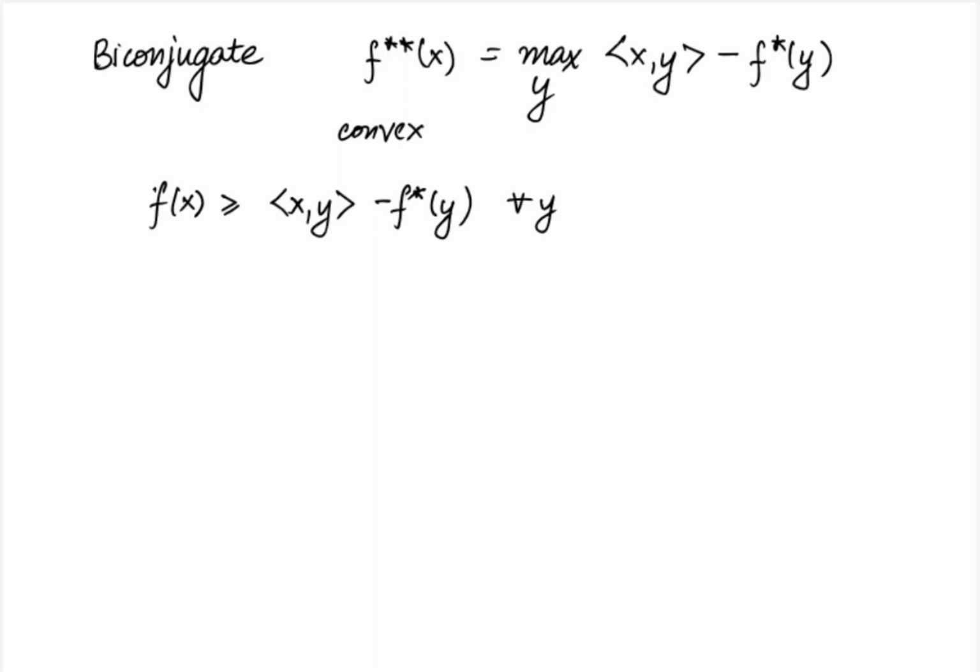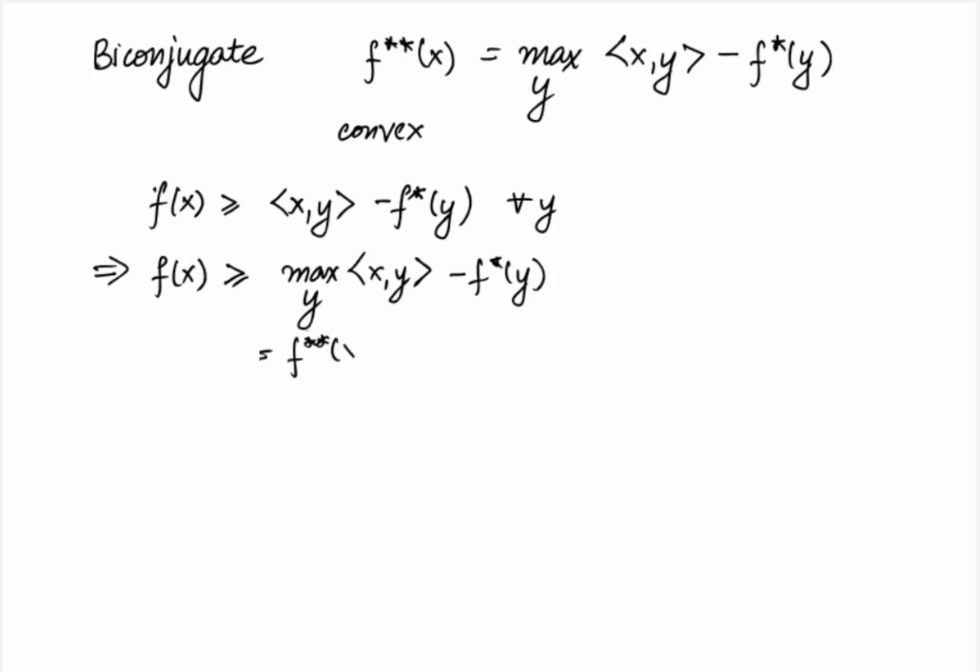So we can tighten this inequality by maximizing the right hand side with respect to y so as to obtain f of x greater than or equal to max over y of inner product of x comma y minus f star of y. Now if you just look at the definition of the biconjugate, you can see that the right hand side is exactly equal to the biconjugate of f at x. In other words, f star star of x is a convex underestimate of f of x.